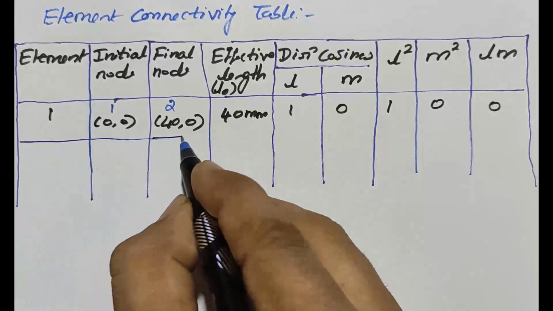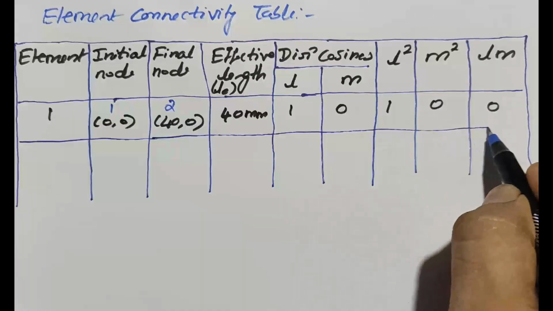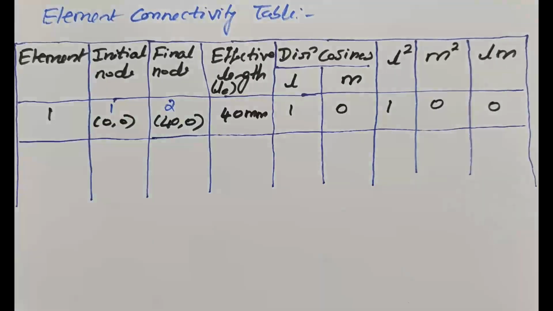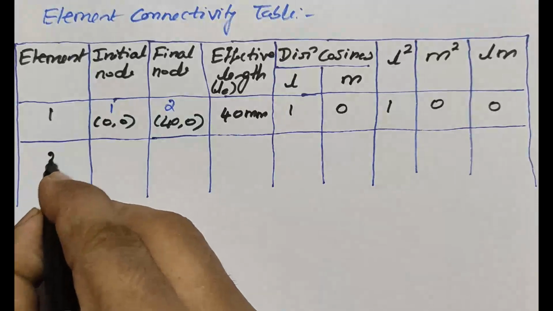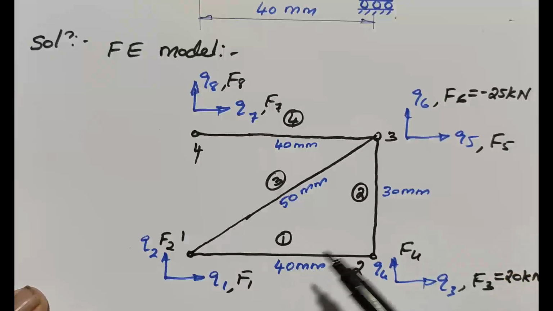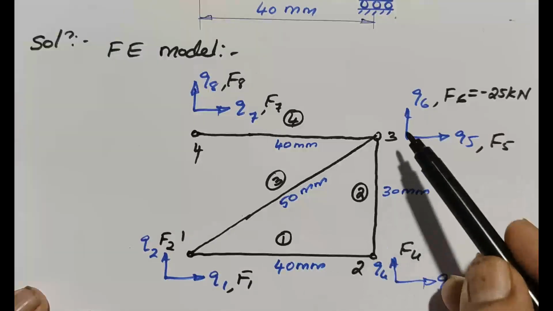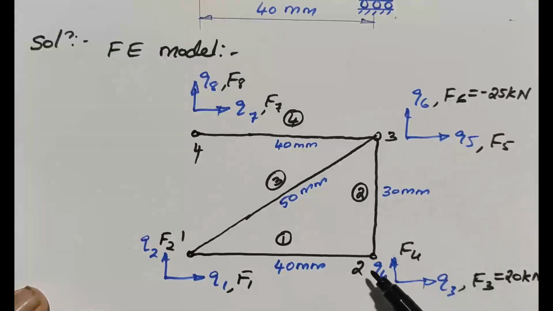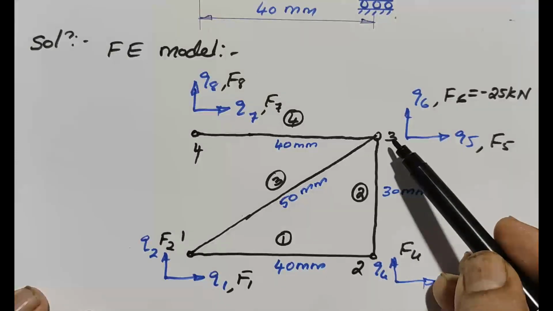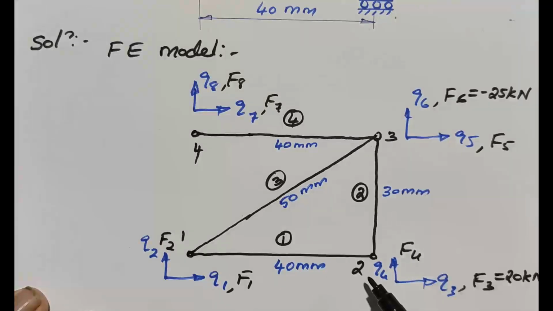Next, element number 2. See the FE model. This is element number 2. It connects node number 2 to node number 3. Means initial node is 2, final node is 3. The coordinate for node number 2 is 40, 0.